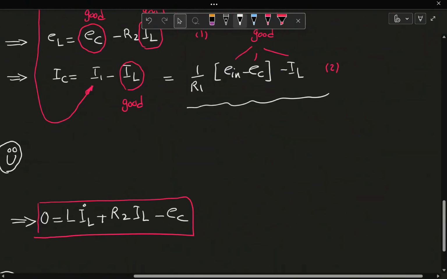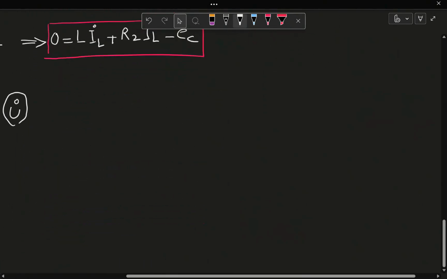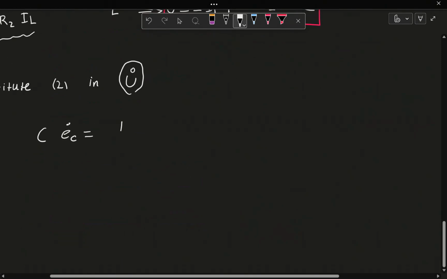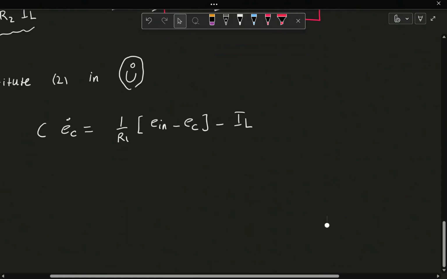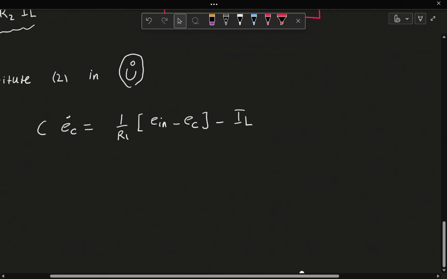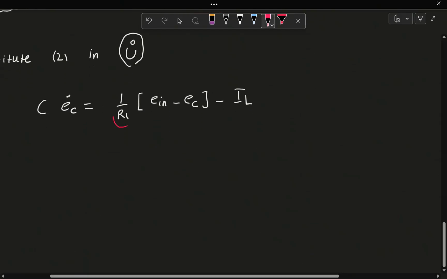So let's go to equation 2. It's going to be 1 over R1 En minus EC, all of it minus IL. So it's going to be 1 over R1 En minus EC, all of it minus IL. Yes? Okay, just make sure that I'm not making any mistakes. Yes. Okay, perfect. Now, one thing that I can do to make it look a little nicer is multiply both sides of this equation by R1 to get rid of the R1 in the denominator.